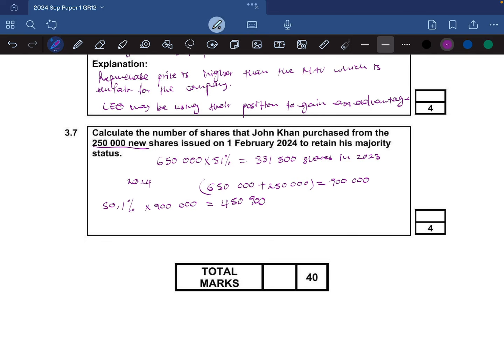But we already know that he has 331,500 from last year. So we take the 450,900 minus the 331,500 that he already had, and he has purchased an extra 119,400 shares. So that is our question for today.